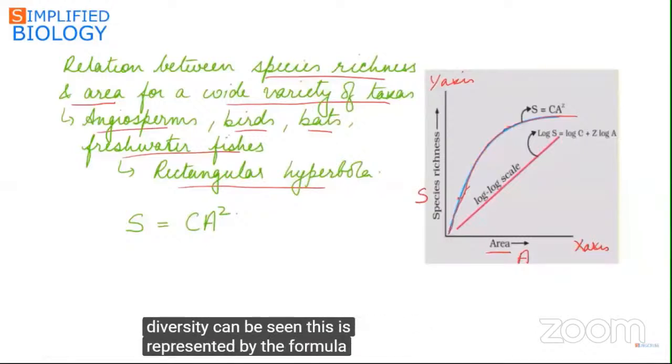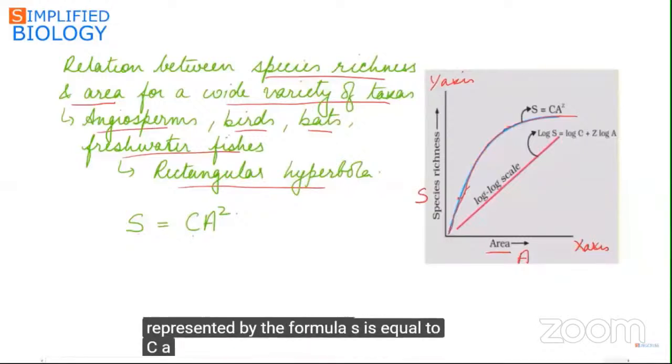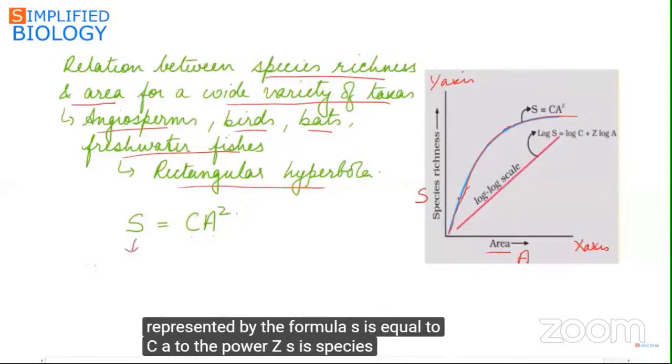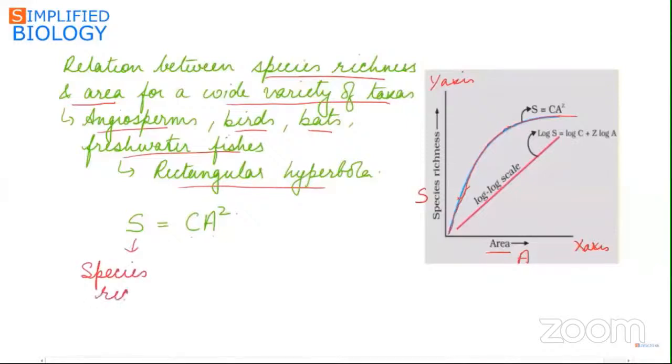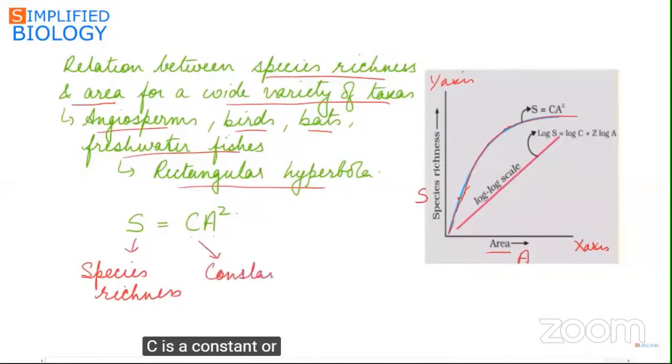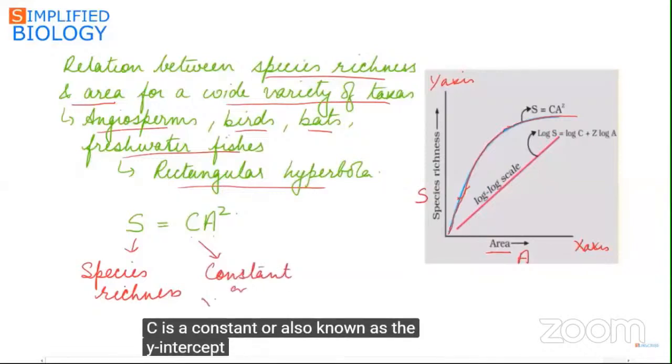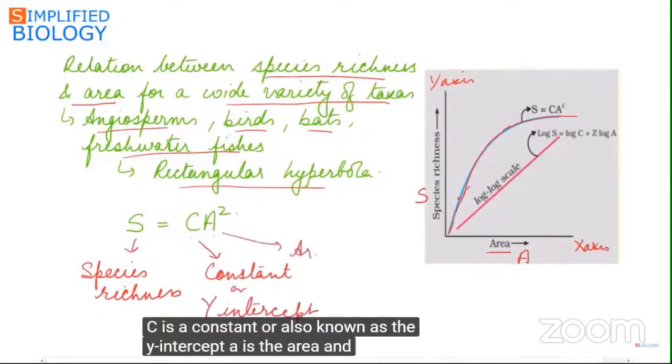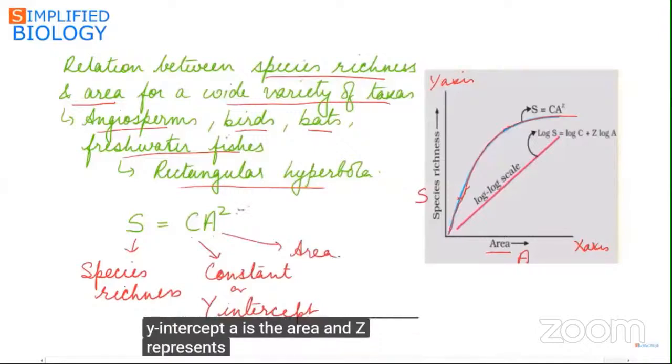This is represented by the formula S is equal to C A to the power Z. S is species richness, C is a constant, or also known as the y-intercept. A is the area and Z represents the slope.